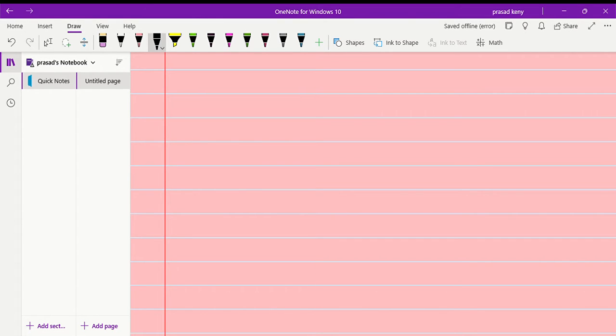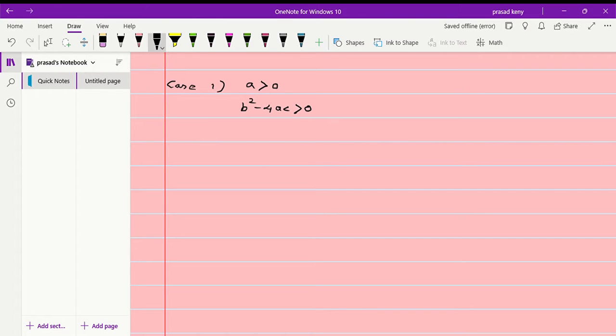depends on the discriminant. So we'll take the case 1, a is greater than 0 and b square minus 4ac is greater than 0.